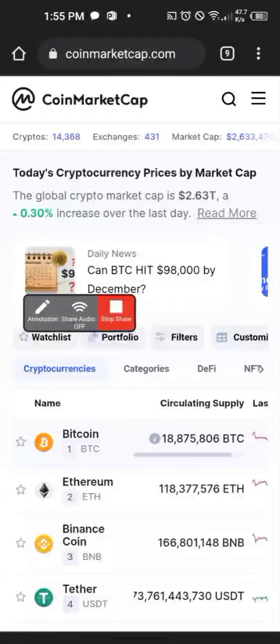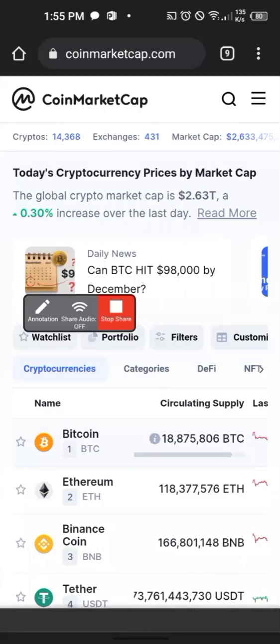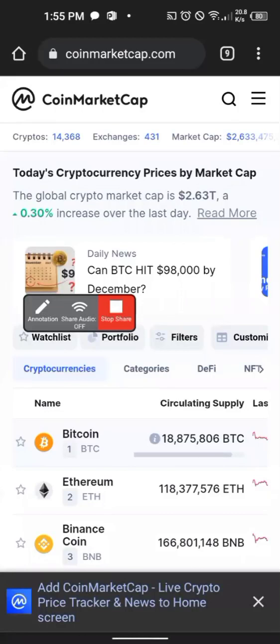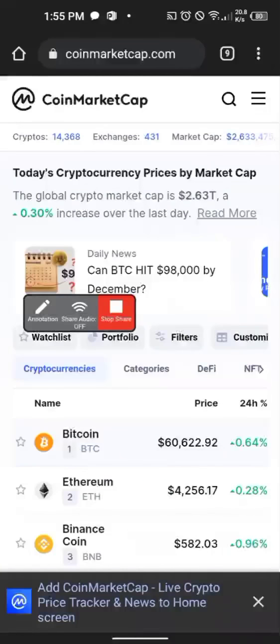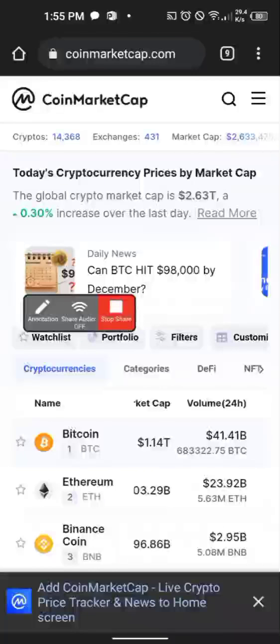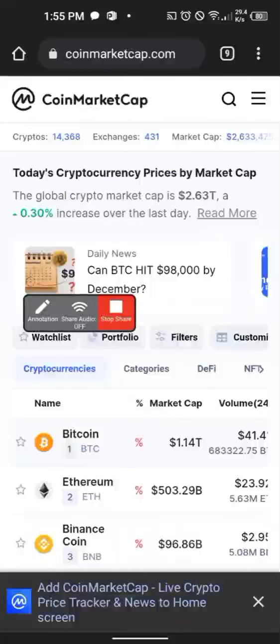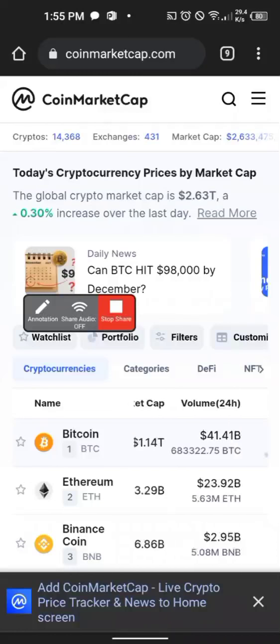You multiply the circulating supply by the price. So if the circulating supply is 18,875,806 Bitcoin, all you need to do is multiply it by the price of Bitcoin, which is 60,623. That would give you the market capitalization of $1.14 trillion.